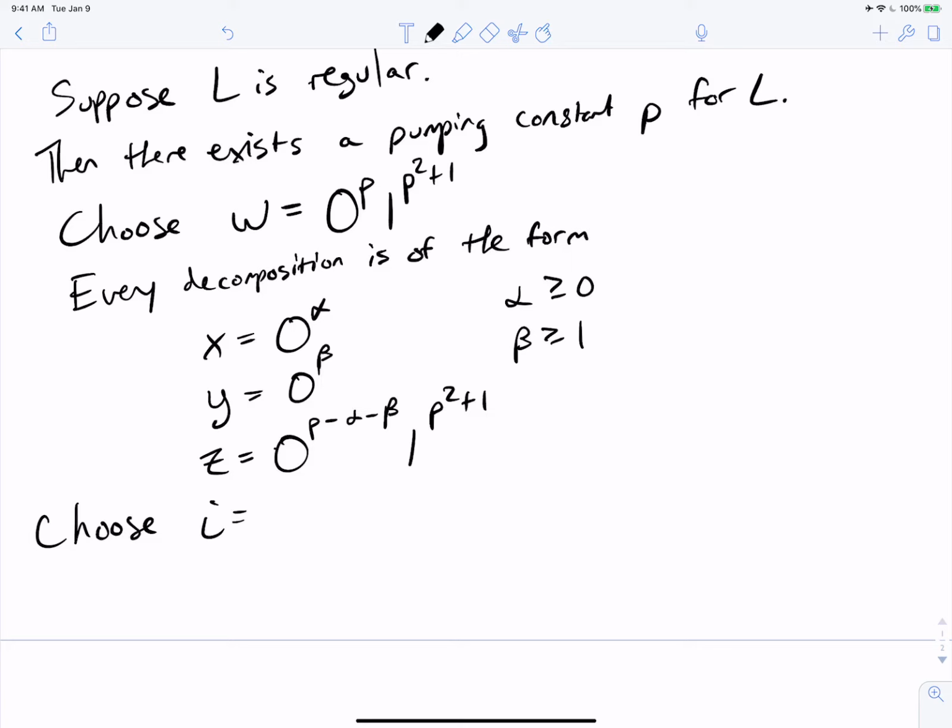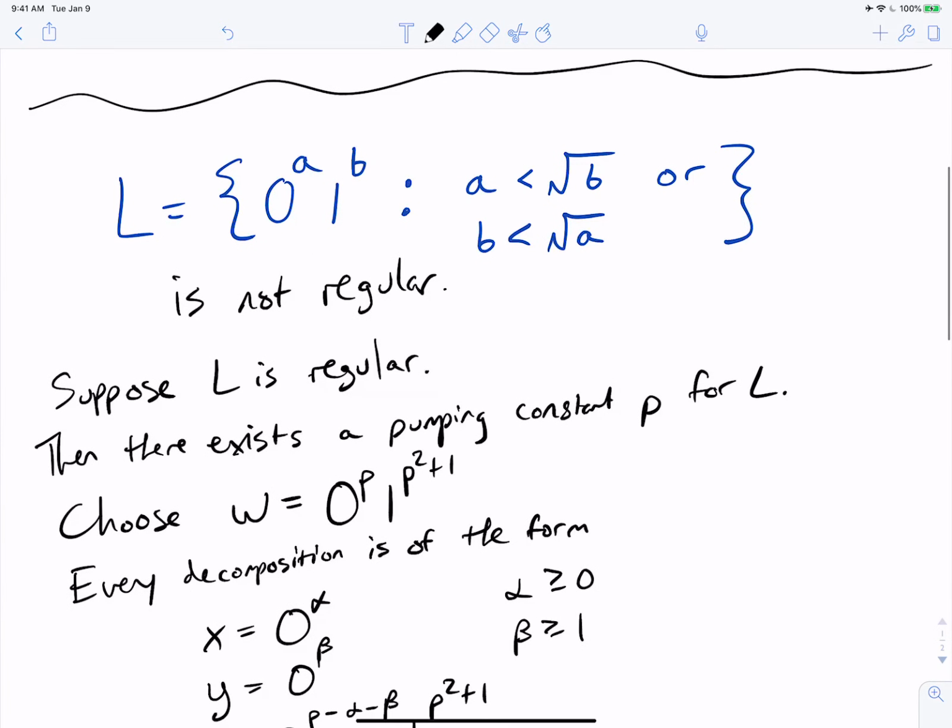Think about what happens. If we have P zeros at the beginning, and we take an occurrence of y out of the string, the length of the zeros gets shorter. So that means we have fewer zeros, but the same number of ones. Do we leave the language now?